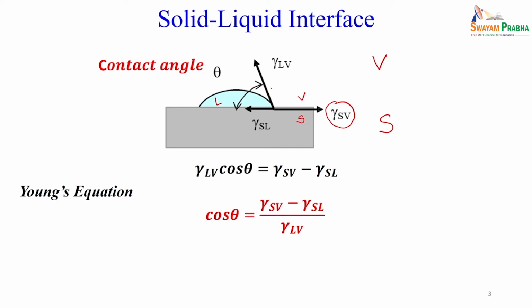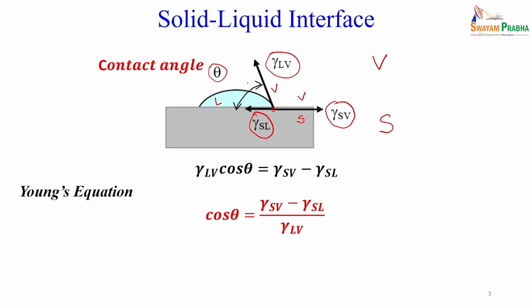The second is between liquid and vapor, the liquid vapor interfacial tension, and the third is between the solid and the liquid, the solid liquid interfacial tension. So, at the contact point three forces are acting. We can simply go for the force balance, and if you draw a tangent, this angle theta is known as the contact angle.